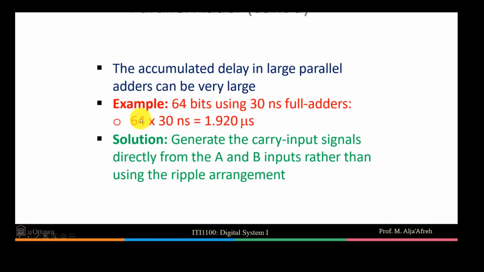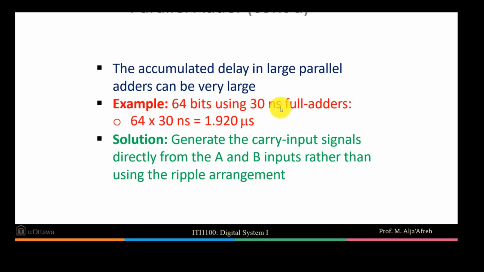It is going to be 64 multiplied by 30 nanoseconds, which is 192 milliseconds. As I mentioned, this accumulated delay in large parallel adders will be a cumbersome issue. So what's the solution?